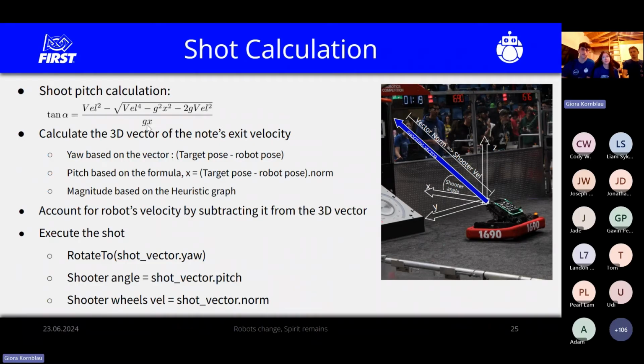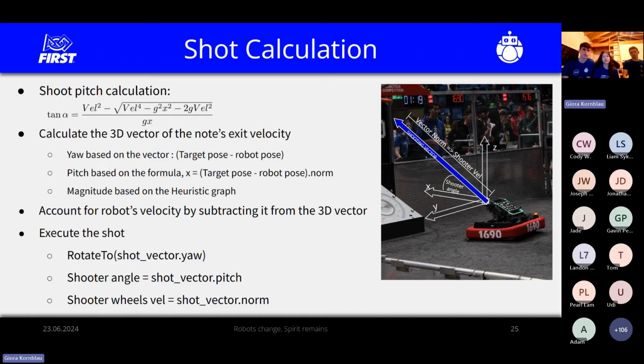We got to it by ourselves at the start of the season from the ballistic shots calculation from physics, and it was really fun to do. And that's another reason we are using a physics model.